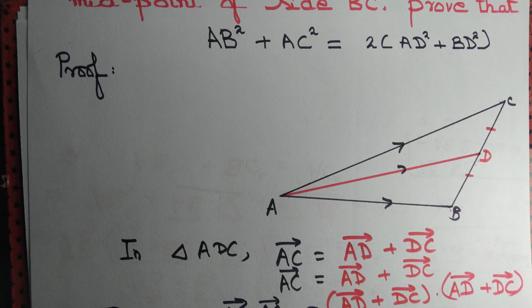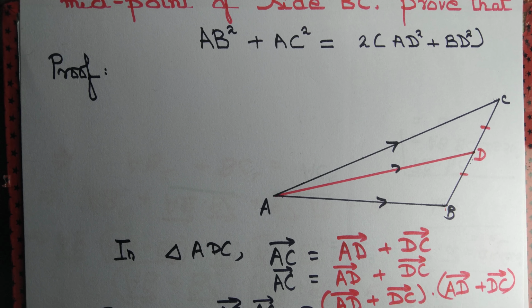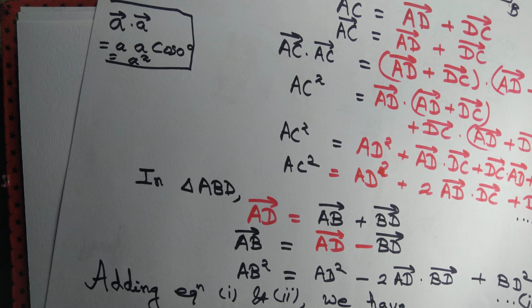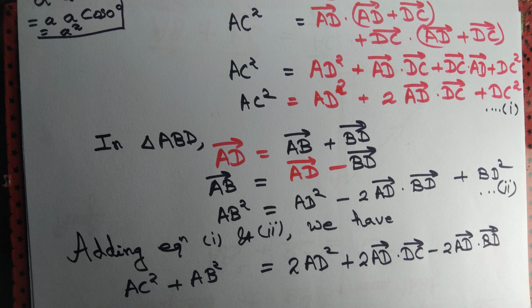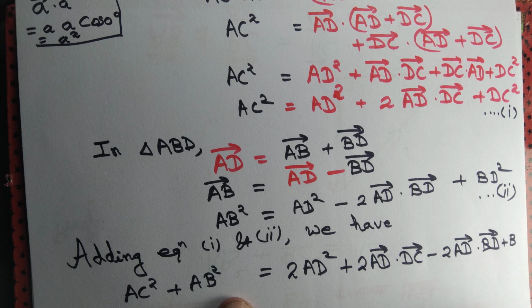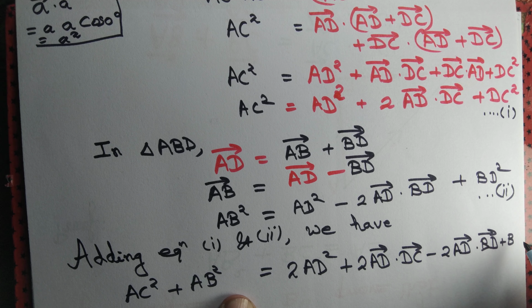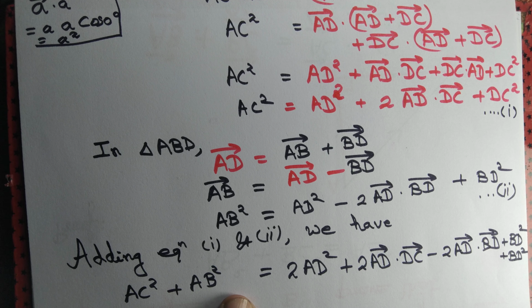But remember, DC and BD, they are of same length. That's what we are given. DC and BD are of same length. So DC square plus BD square can simply be written as BD square plus BD square, because DC and BD, they are of same length.